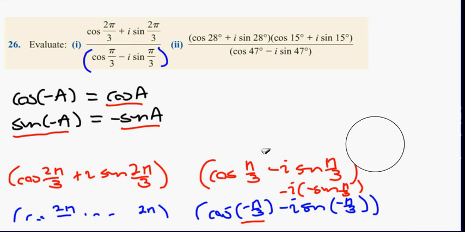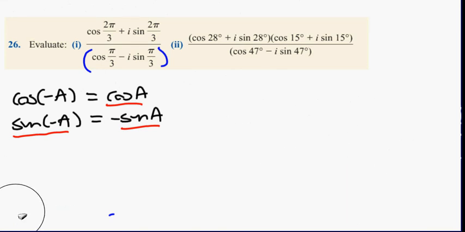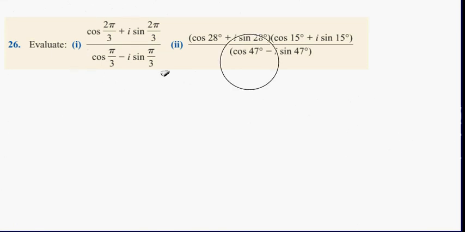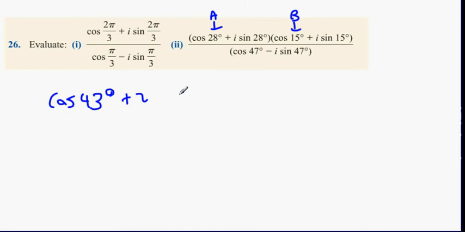Next one after that is going to be, this is A is going to be 28, B is going to be 15. Okay, so what we're going to get is cos, we're going to add A and B together, so we're going to get cos 43 degrees plus i sin 43 degrees.